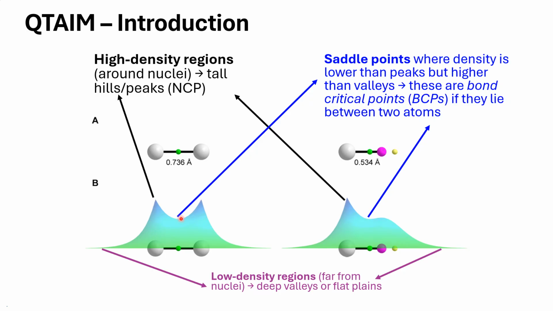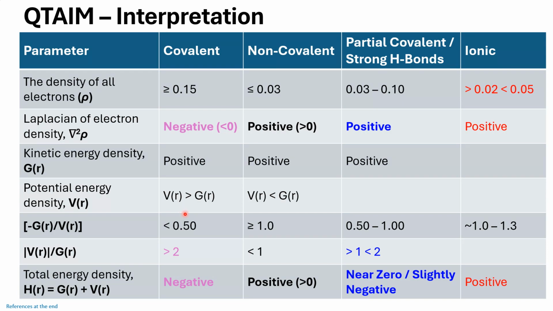And now I'm going to show you the real interpretation, which took me a while. I studied quite a bit of literature and tried to gather all the information into this one table. Just to mention here, it's not an absolute cutoff for QTAIM. There is no absolute cutoff for numbers like this.